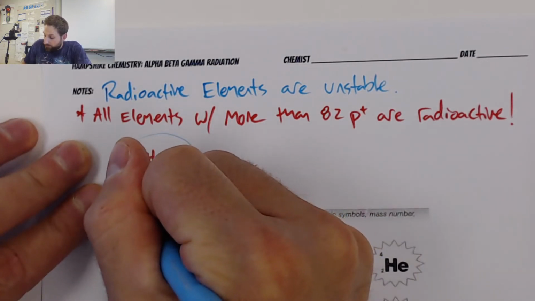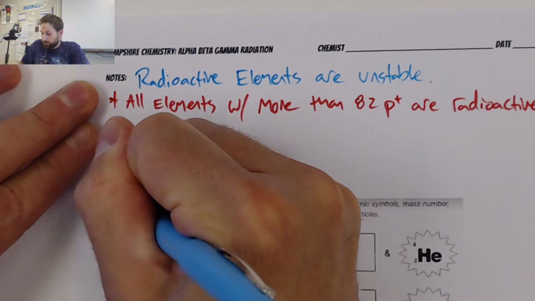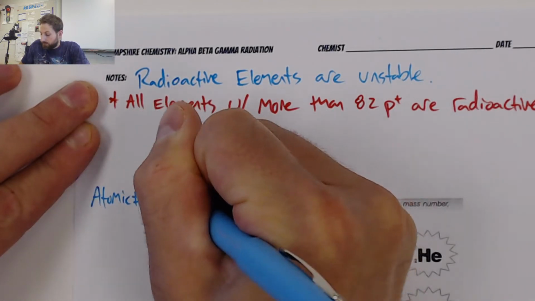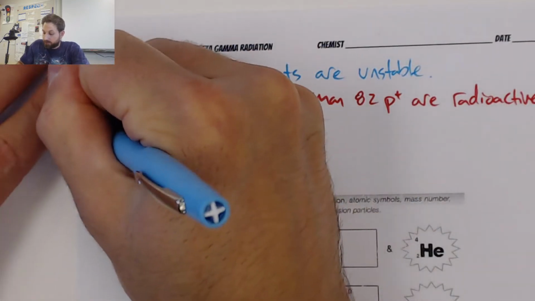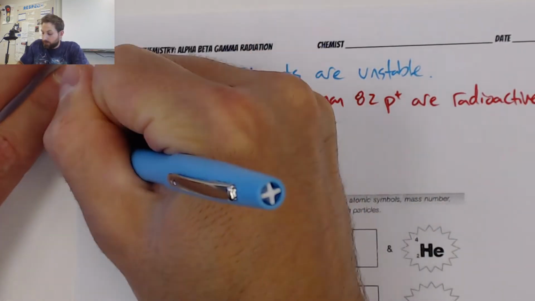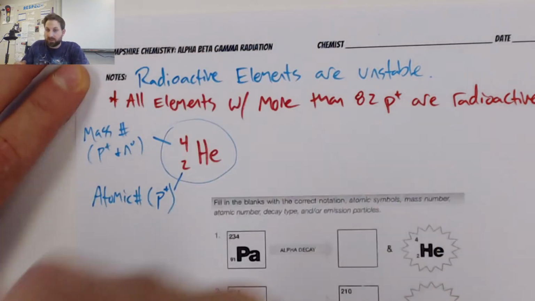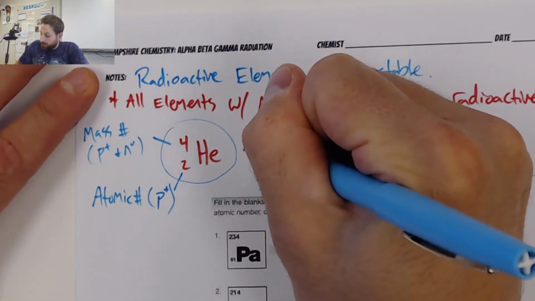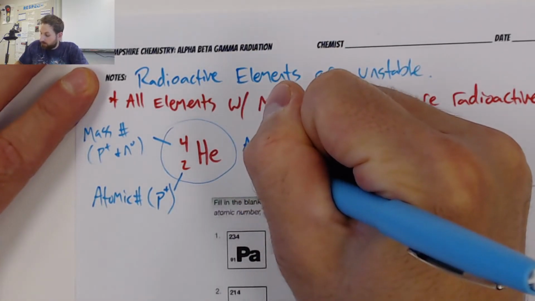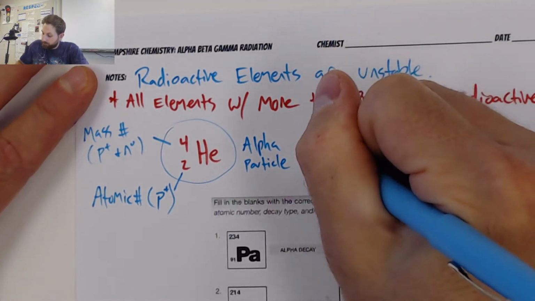You have protons on the bottom, that is your atomic number, which is the number of protons, and on the top, the bigger number, that's your mass number. Remember, that is the number of protons and neutrons together. This thing is called an alpha particle.